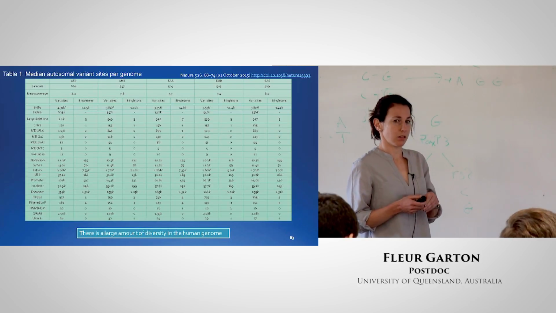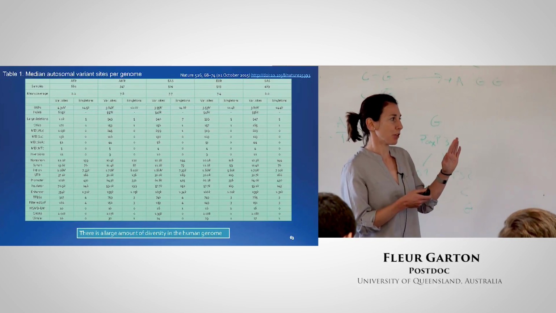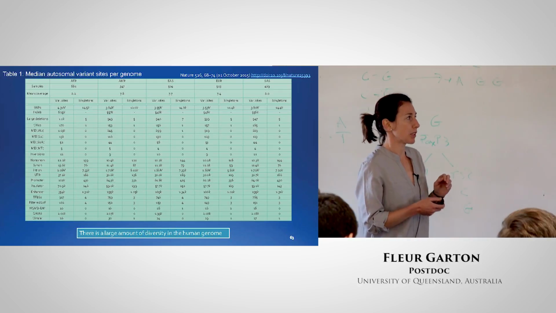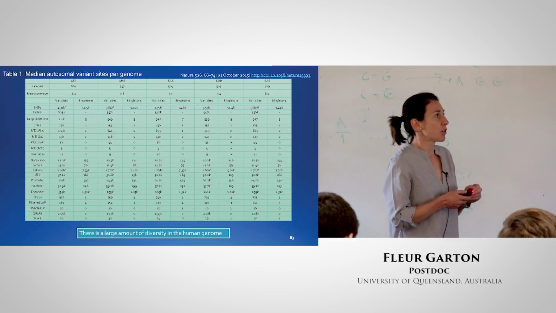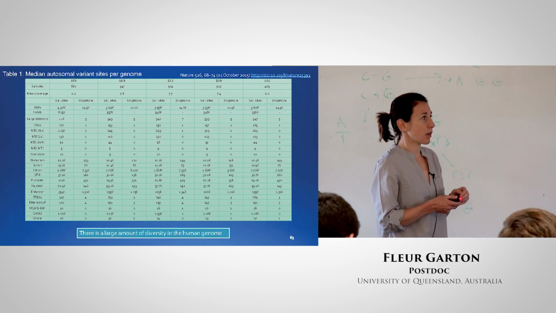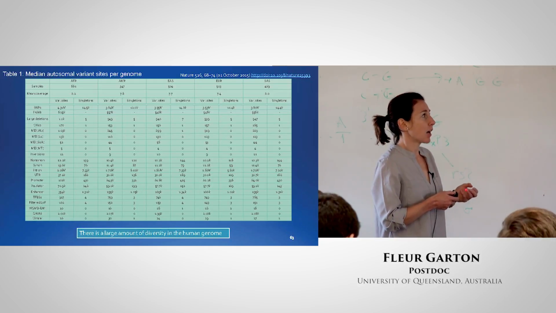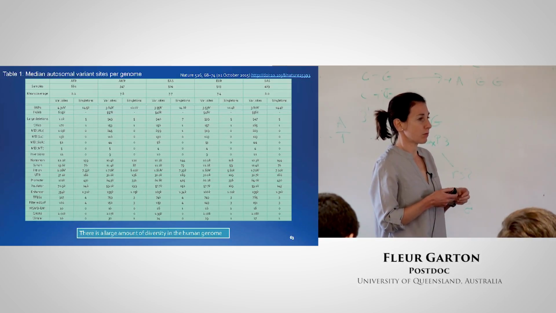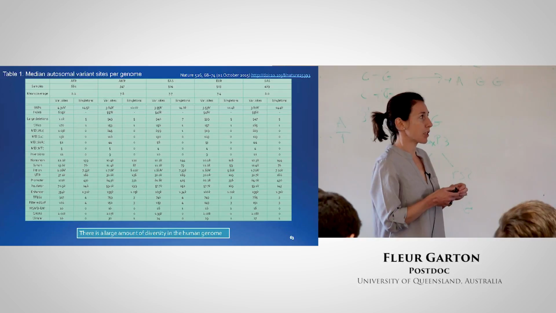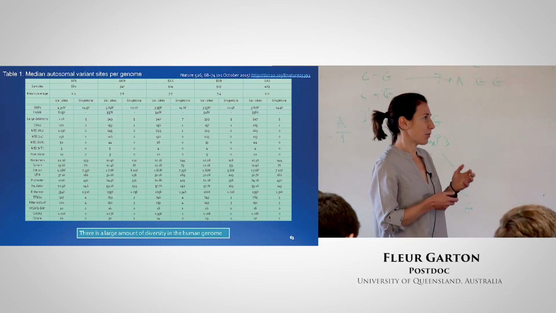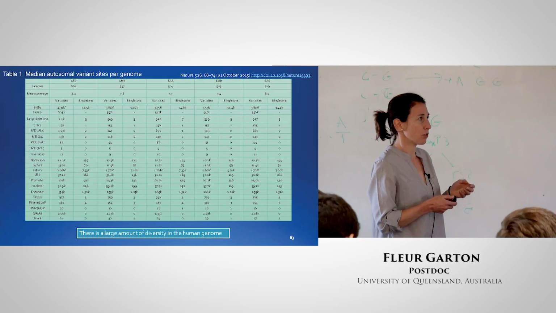So this is pretty much a table of that information with a little bit more detail. This is a published paper. This looks at the average sites in the different populations. So you've got African, American, I think this is South American, a mixture of American populations, East Asians, Europeans. I'm not sure what SAS is.